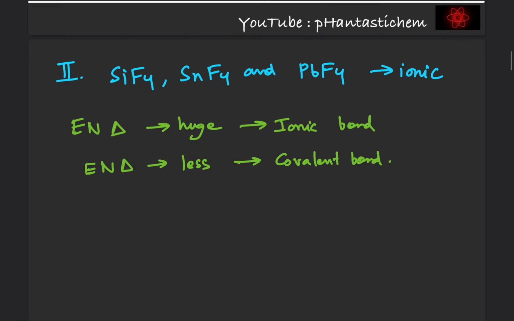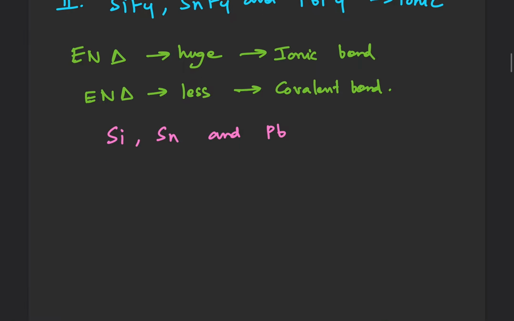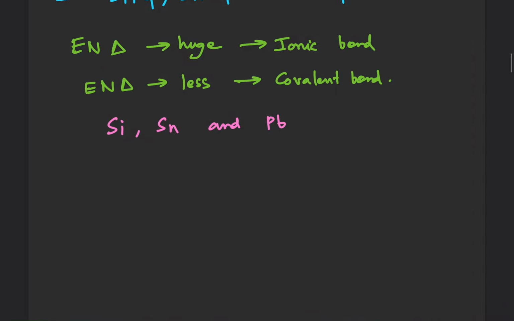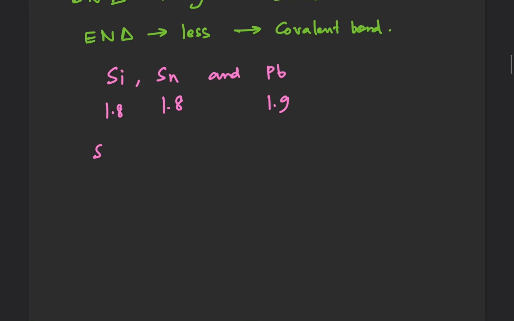But the case is that silicon, tin and lead have very close electronegativity values. Silicon is approximately 1.8, tin is approximately 1.8, and lead is approximately 1.9. So we have to refer to Fajan's rules, since the anion F minus, the fluoride ion, is the same in all three of them: SiF4, SnF4 and PbF4.